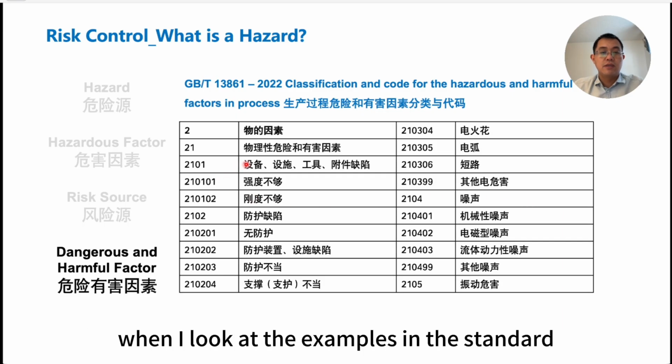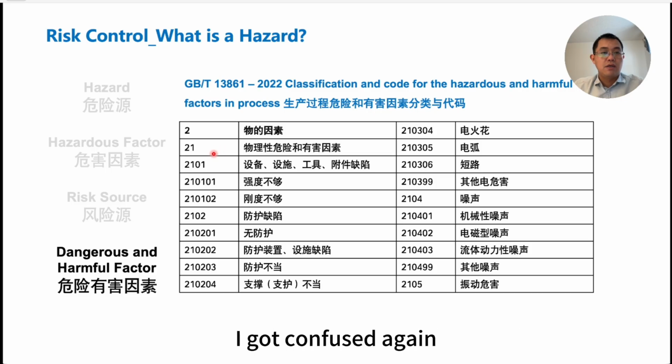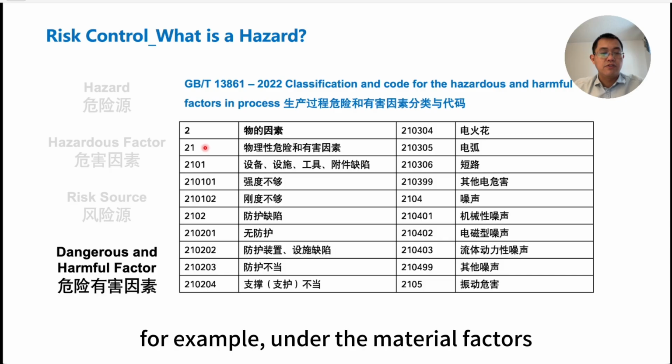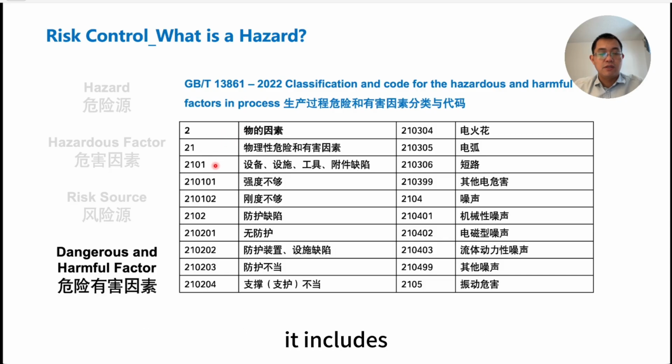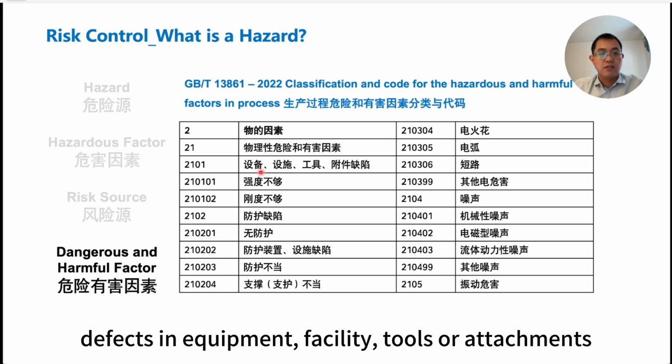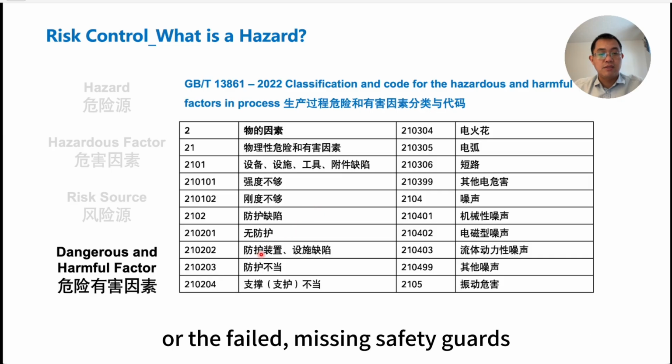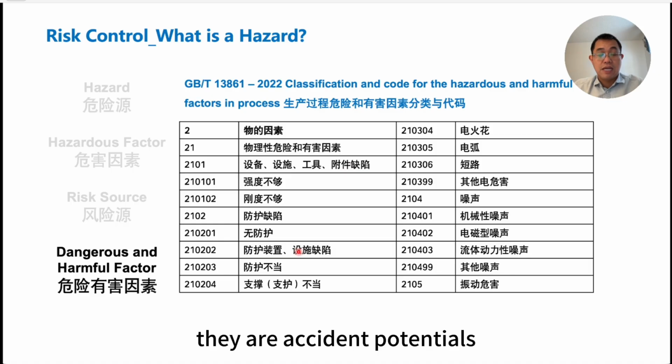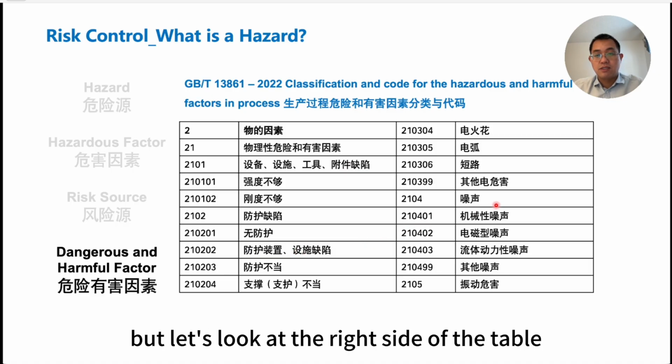When I look at the examples in the standard, I got confused again. For example, under material factors, it includes defects in equipment, facility, tools, or attachments, or failed or missing safety guards. So these are unsafe conditions, right? They are accident potentials. But let's look at the right side of the table.